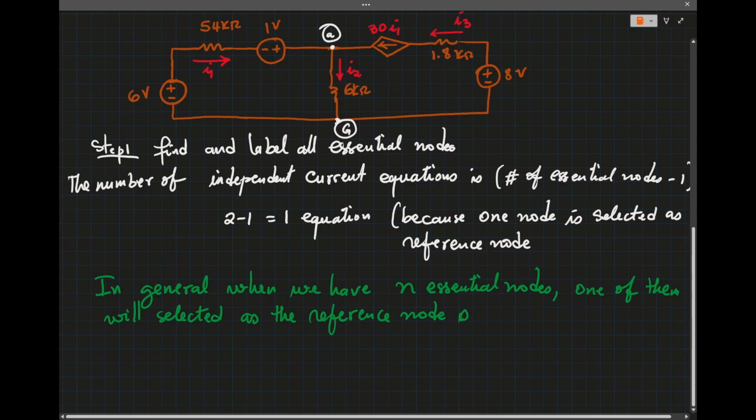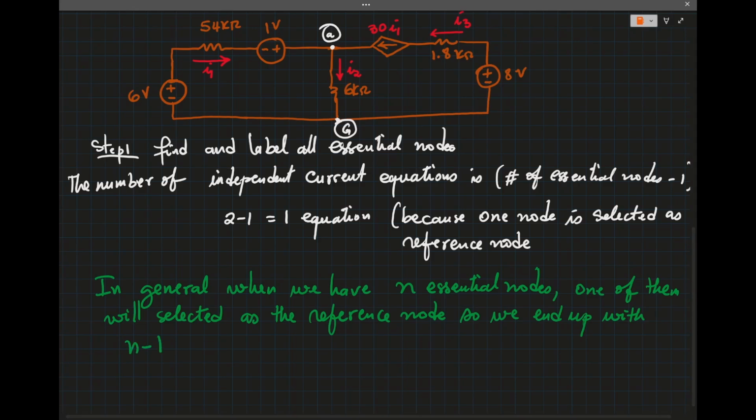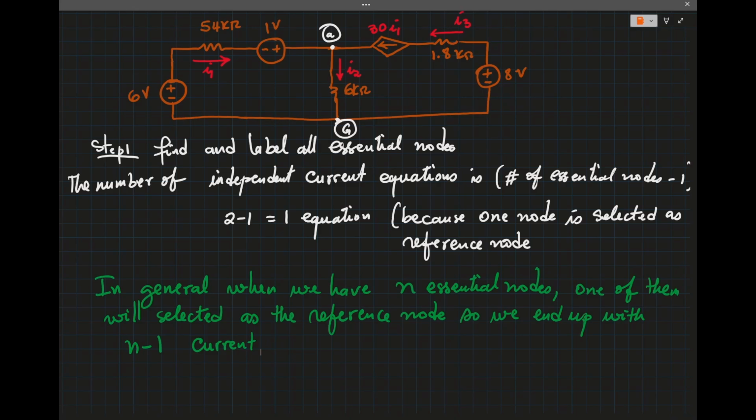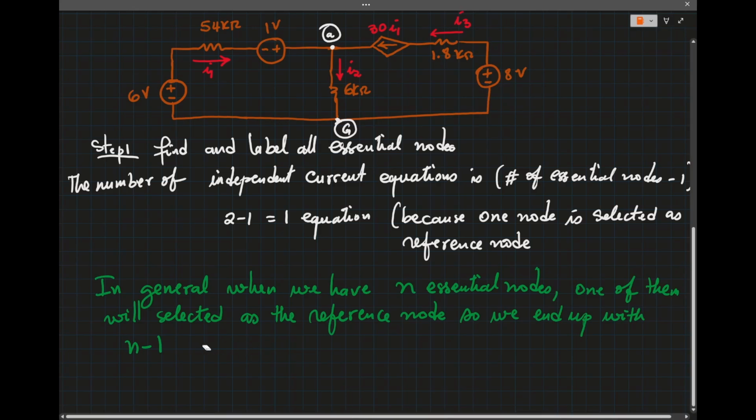So we end up with n minus 1 independent current equations.